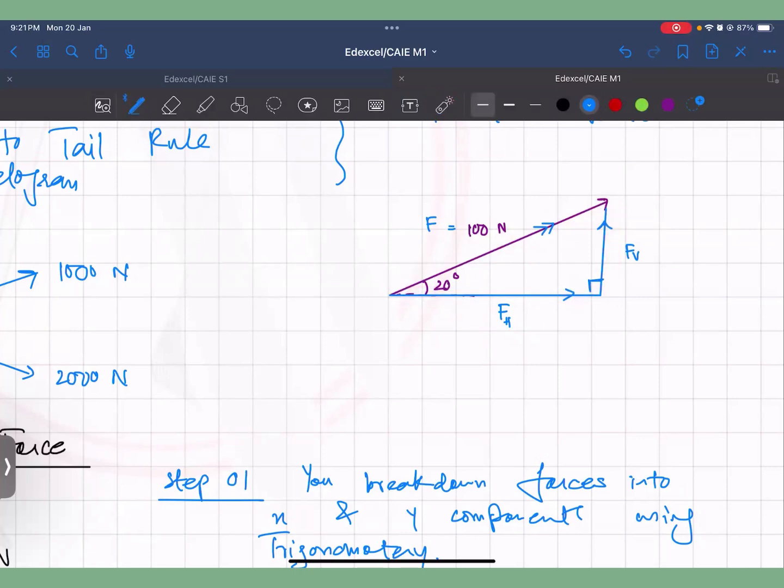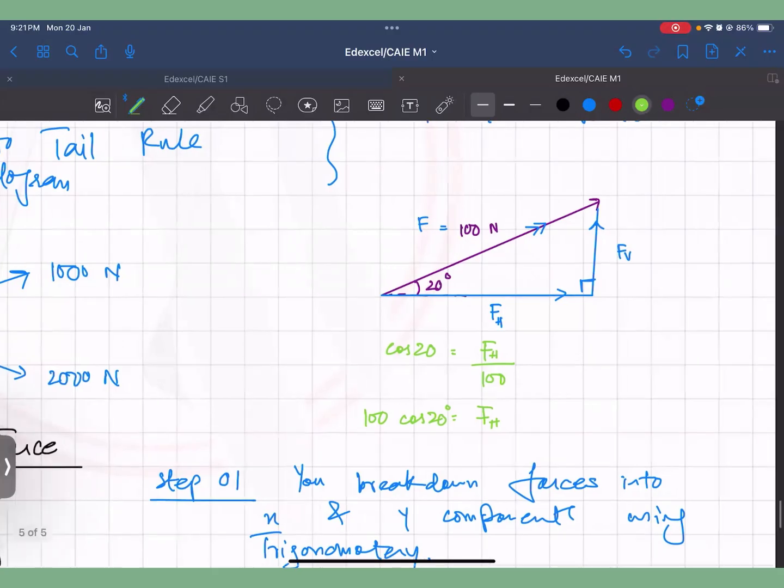And for that we use simple SOHCAHTOA. If I use cos theta, cos 20 equals adjacent, which is the horizontal component, upon hypotenuse, 100. So the horizontal component would be 100 cos 20. Use your calculator, get me the answer. Fast.